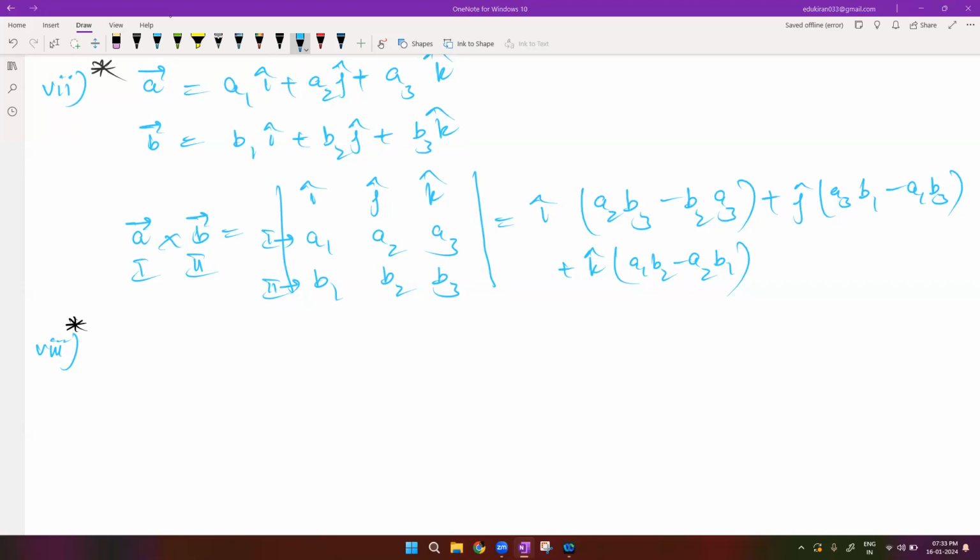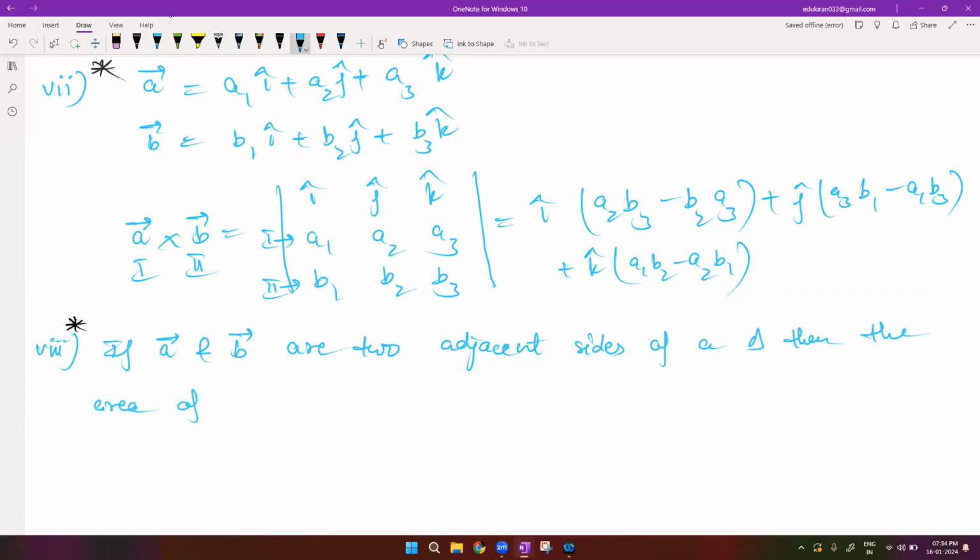The eighth property says if vector A and vector B are two adjacent sides of a triangle, then the area of the triangle is equal to half of A cross B. Obviously, the magnitude of A cross B. We are only calculating the area, and area must be a scalar quantity. Hence, we are calculating the magnitude of A cross B, right?